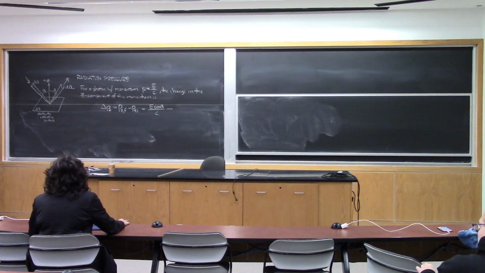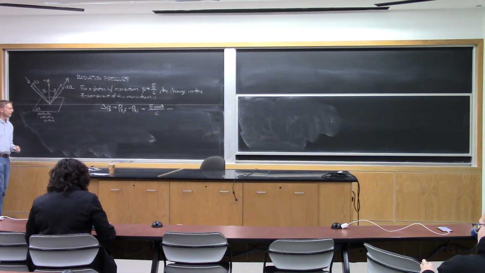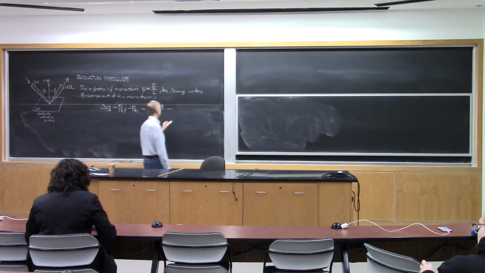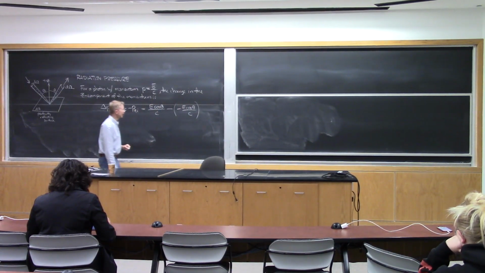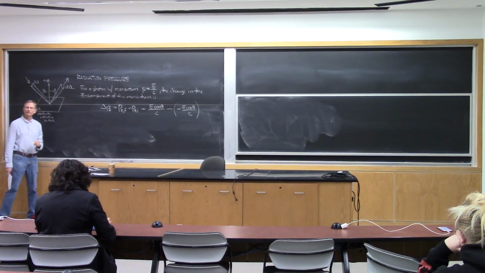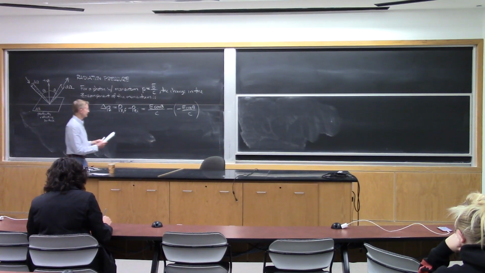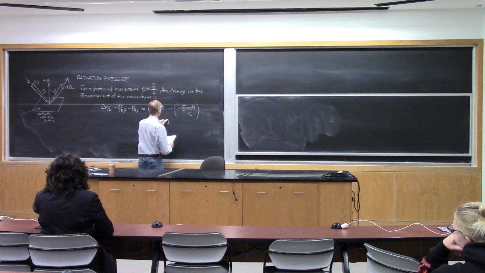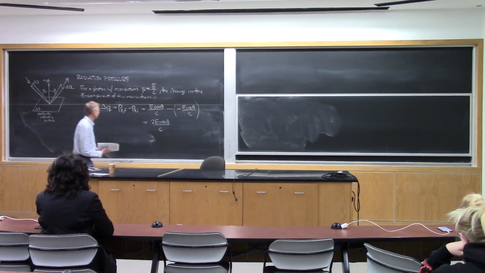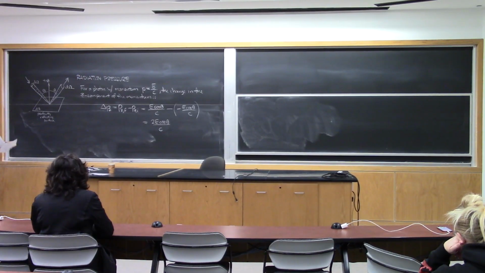Is it the same or different in magnitude than PZ final? It's the same, right? It's just going the other direction. Same energy, since the photon just reflected, so that'll be minus E cos theta over C, and so minus is plus, and the change in the Z momentum is twice the initial Z momentum: 2E cosine theta over C is delta PZ for each individual photon.